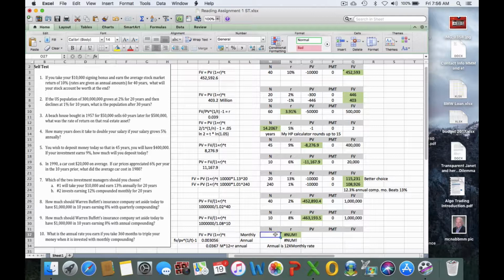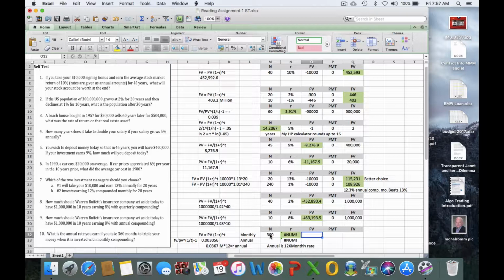And annual rate, well, we're dealing with a problem that works in months. So the way to solve for rate, same way, take the formula, rearrange it, FV divided by PV, raised to the 1 over number of periods minus 1, gets you a monthly rate, multiply by 12, gets you an annual rate. We can let the calculator do it.